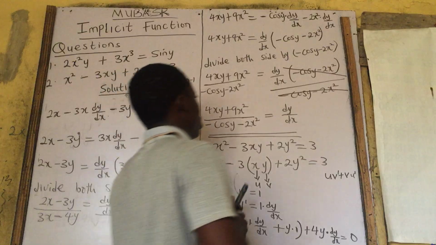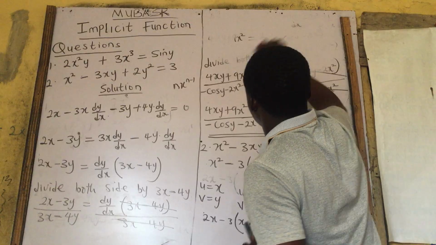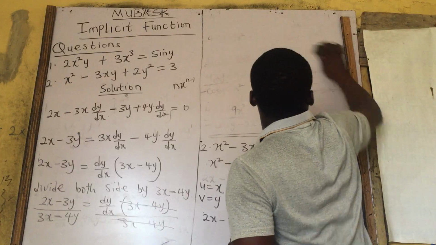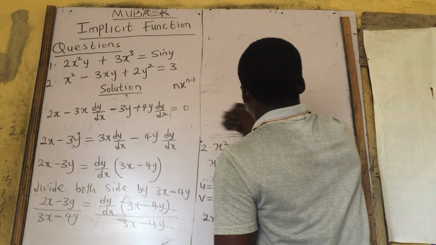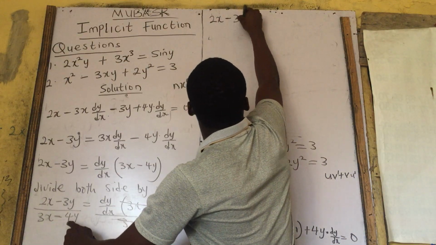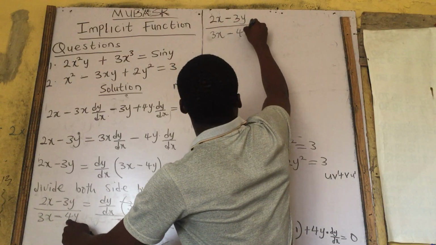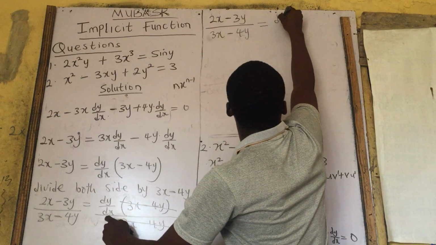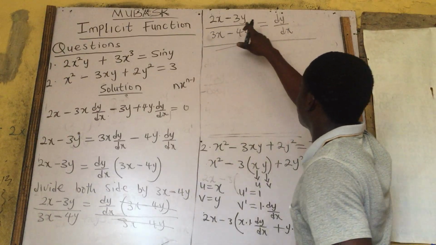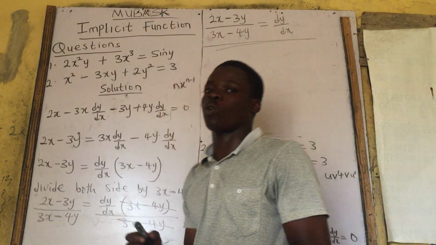It will remain 2x minus 3y all divided by 3x minus 4y equal to dy over dx. So dy over dx equals 2x minus 3y divided by 3x minus 4y. So that is the final answer for question 2.